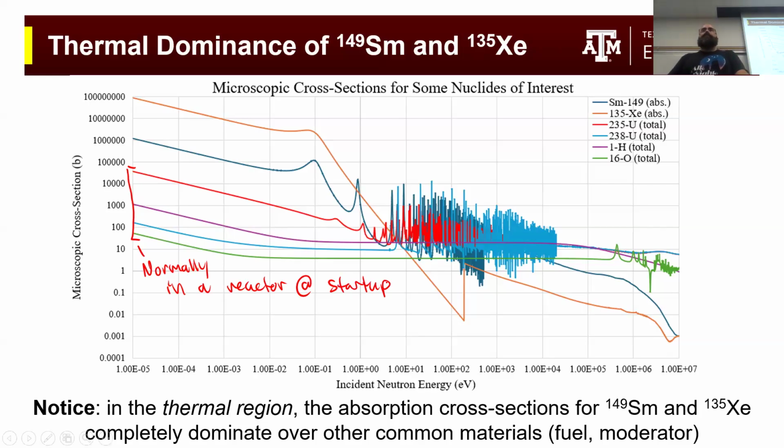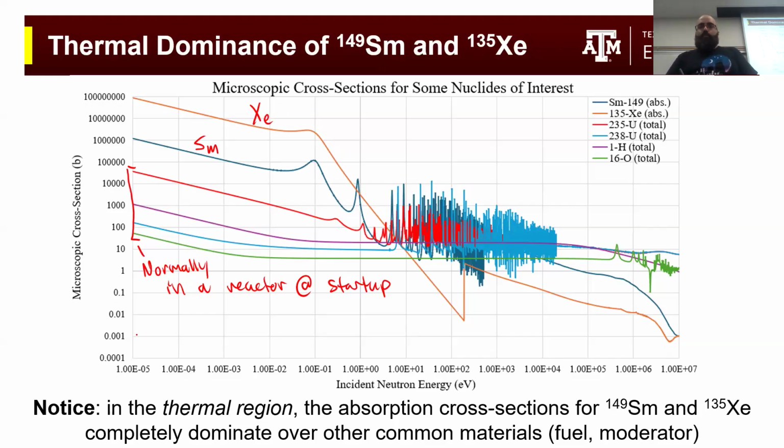As your fuel fissions and you produce fission products, two of the most important fission products that we produce are samarium 149, which is this one, and xenon 135, which is this one.